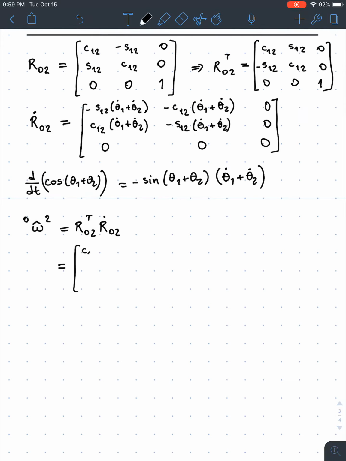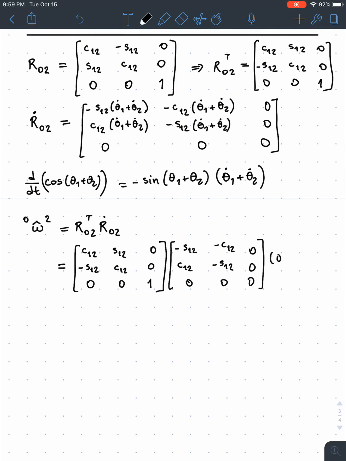R02 transpose looks like cosine 1 2, sine 1 2, 0; minus sine 1 2, cosine 1 2, 0; 0, 0, 1, and R02 dot is going to be, you see, minus sine 1 2, minus cosine 1 2, 0; cosine 1 2, minus sine 1 2, 0; 0, 0, 0, with everything multiplied by theta 1 dot plus theta 2 dot.